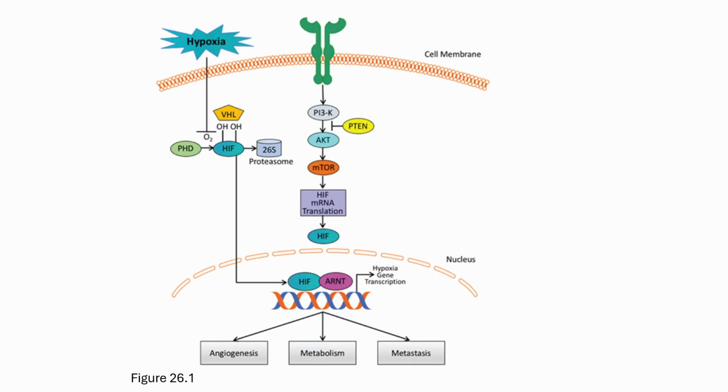This is figure 26.1 from the textbook, and this is a visualization of what I just had written on the previous slide. In the absence of oxygen, we do not have hydroxylation of HIF, and so HIF can be translocated to the nucleus and dimerize with the beta subunit, resulting in transcription of hypoxia genes.